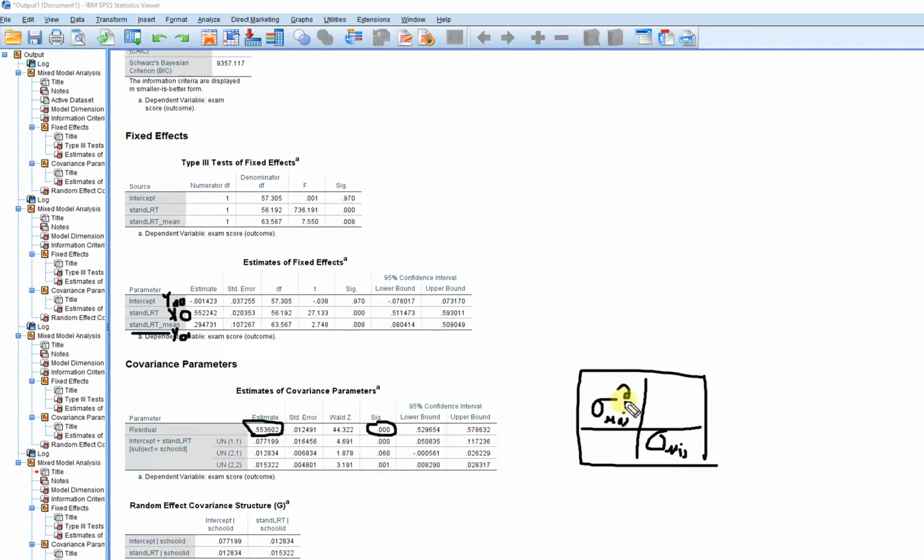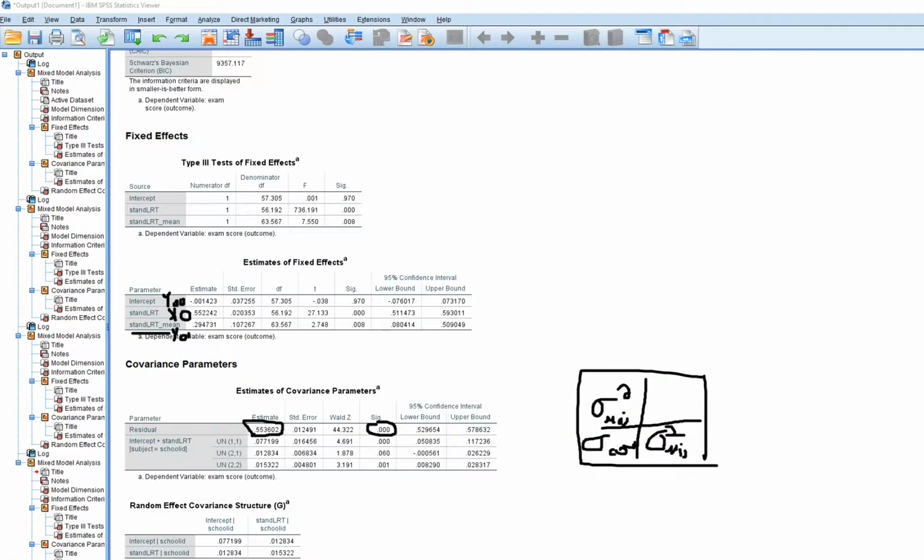If you think about this, it's sort of a little matrix right here. This is the primary diagonal, so this is essentially row 1, column 1, and then row 2, column 2 right here, and then you've got row 2, column 1. That's the covariance between those two. I'll just give it a little sigma there, the covariance for the intercept and the slope.